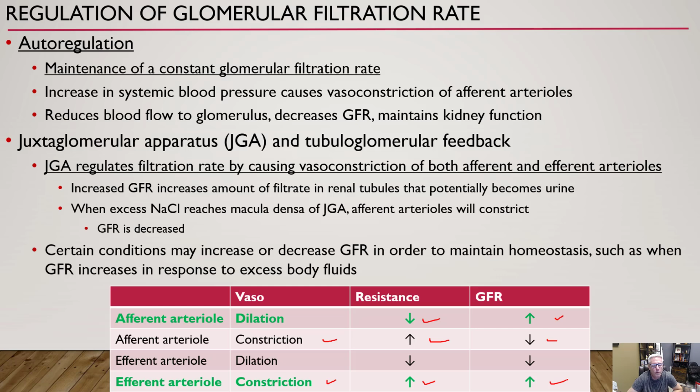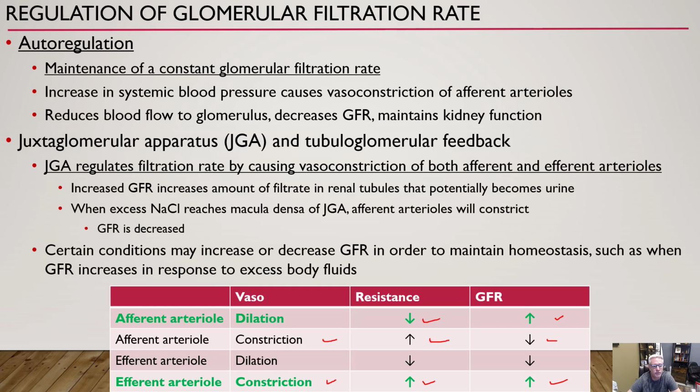So what do you think would happen to glomerular filtration rate as a result of efferent arteriole vasodilation? Your GFR is going to decrease. With afferent arteriole vasoconstriction, you're going to see a decrease in your GFR.